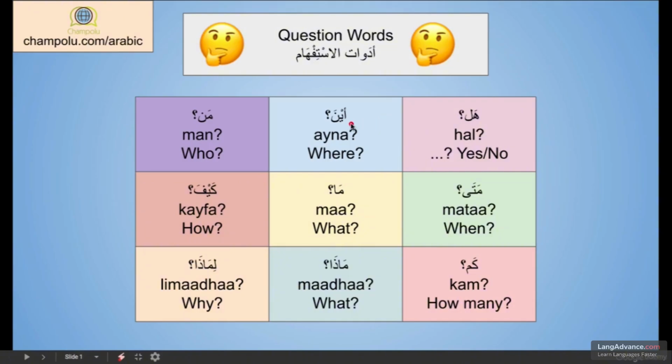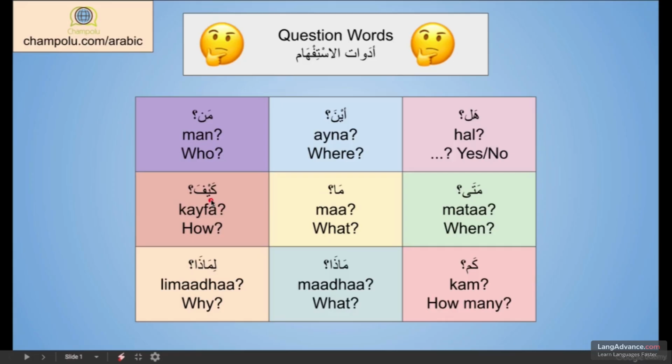And then we have أين, which means where. And then we have من, which means who. And we also have متى, which means when. And then we have ما, which means what.